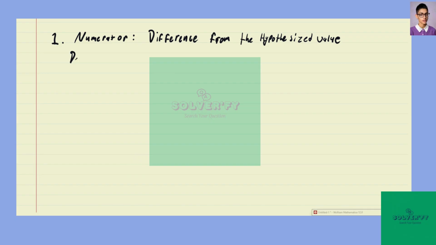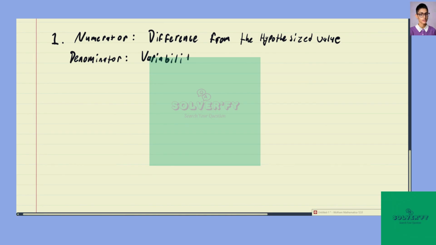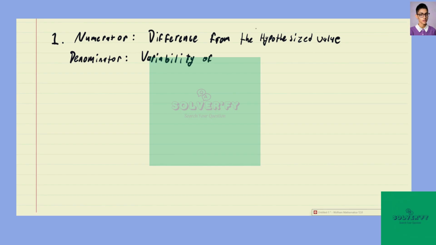The denominator represents the variability of the statistic.